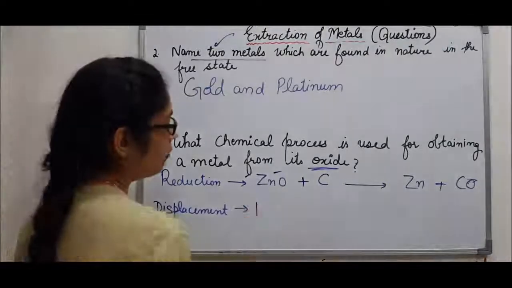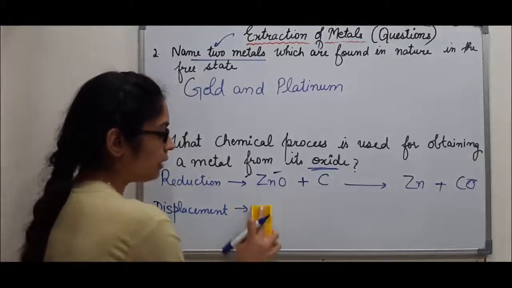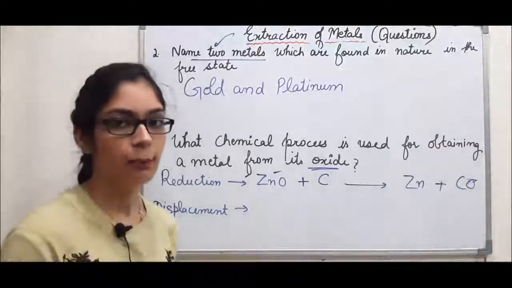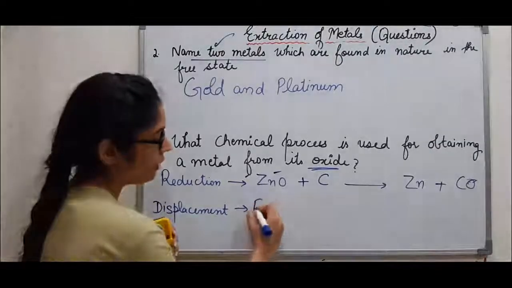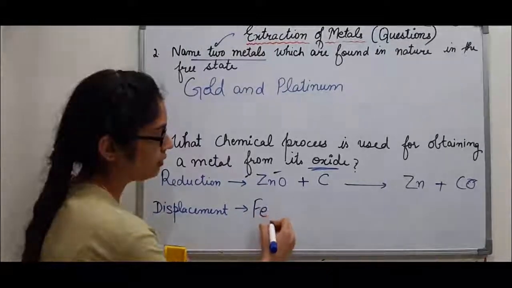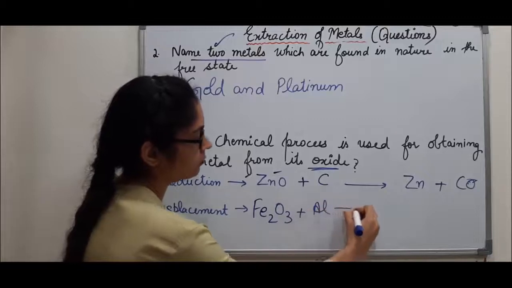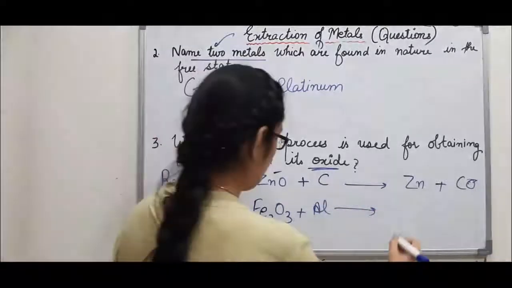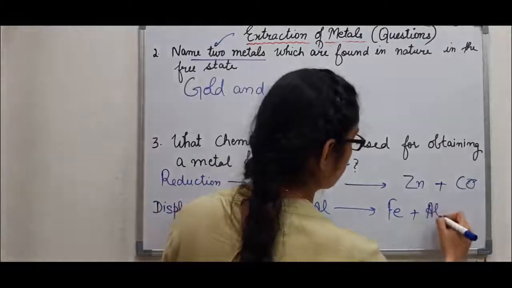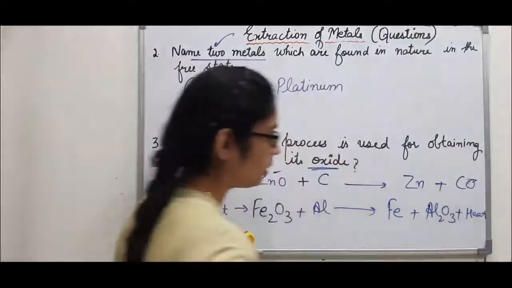We have done two reactions, first with the metal oxide of manganese and then with the metal oxide of iron, which is also known as the Thermit reaction. You can write any one of those two reactions. I will take iron oxide plus aluminium, which gives iron plus aluminium oxide plus heat, because this is a highly exothermic reaction.